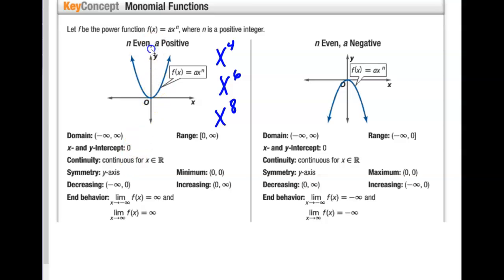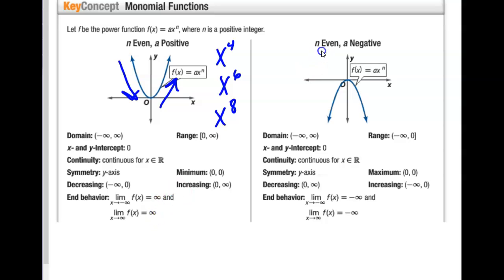It has what kind of symmetry? Yeah, it's y-axis symmetry, so it's an even function. Okay, where it has a minimum because it's opening up, that it is decreasing from negative infinity to 0 and increasing from 0 to infinity. All right, and the end behavior is both ends are going up.